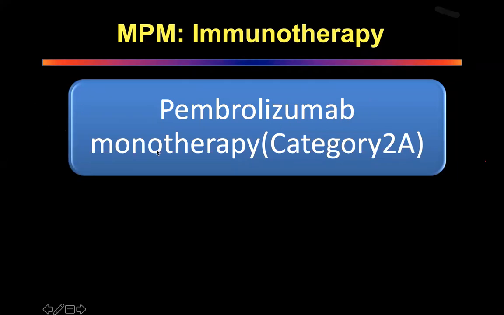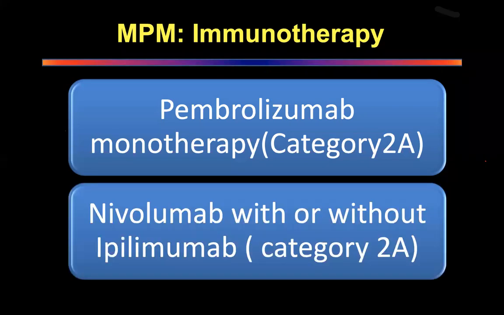But remember, immunotherapy is given as a second-line treatment, never as a first-line treatment. So you give chemotherapy and then you reassess, and if there is still evidence that the patient's got disease or he's getting symptoms or the tumor burden is still there, then you can choose to give immunotherapy to these people. And the immunotherapy agent is pembrolizumab or nivolumab with or without ipilimumab.